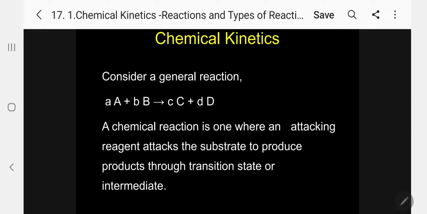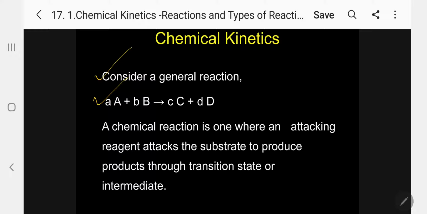In order to explain chemical kinetics, reactions and types of reactions, let me consider a general reaction: aA plus bB gives cC plus dD.